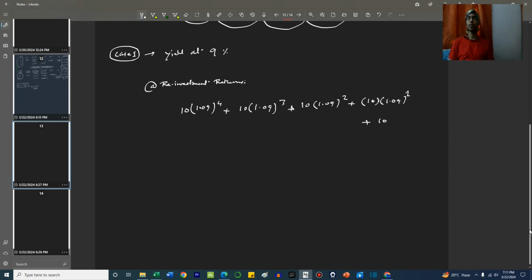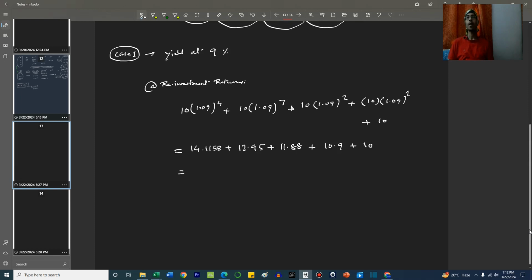Now we come back to the calculation. 10 into 1.09 to the power 4 is equal to 14.1158, plus 1.09 cube into 10, this is 12.95, 1.09 square into 10, this is 11.88, plus 1.09 into 10, this is 10.9, plus 10.